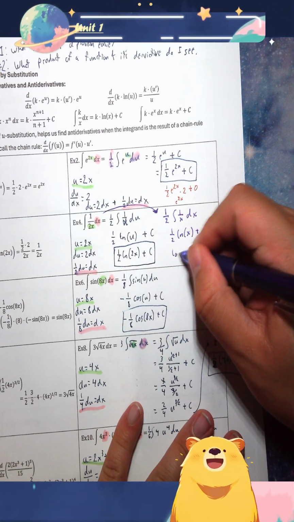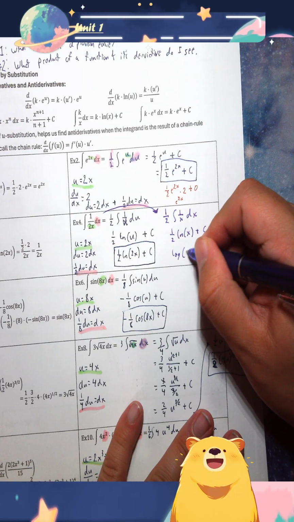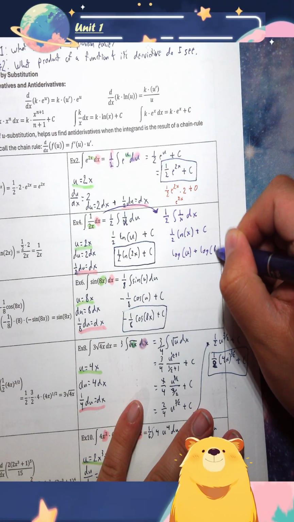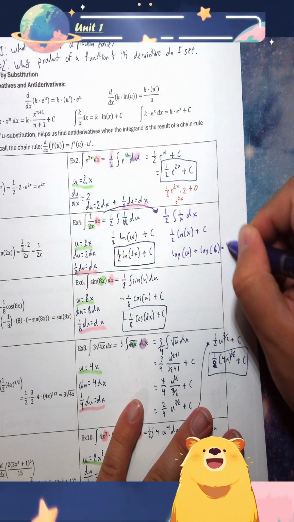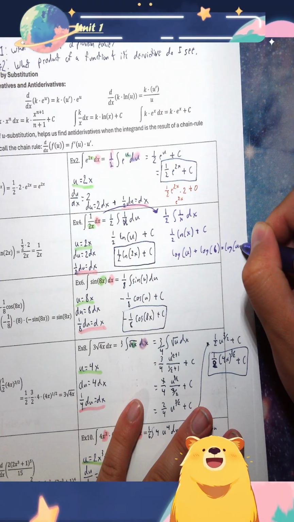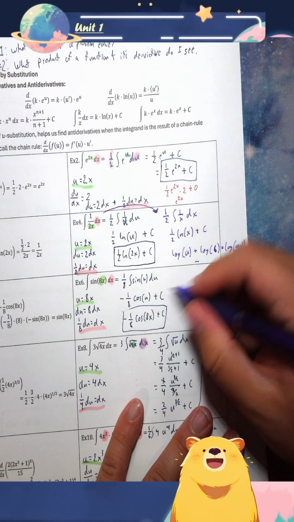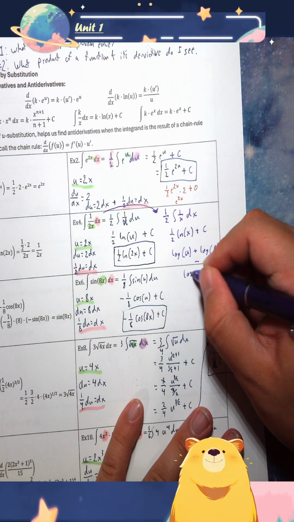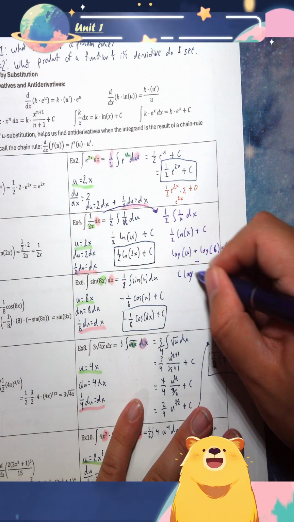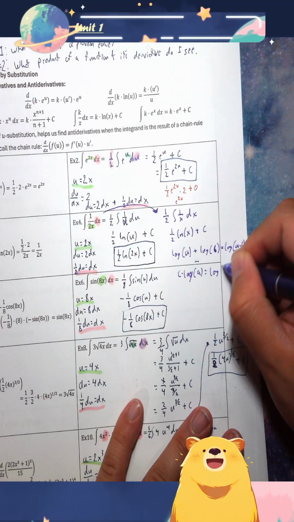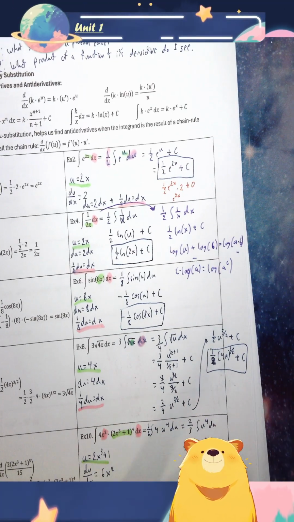If we have log of A plus log of B, that could be rewritten as log of A times B. If that's subtracting, then it's subtracting. If you have log, or let's say C times log of A, that could be written as log of A to the power of C.